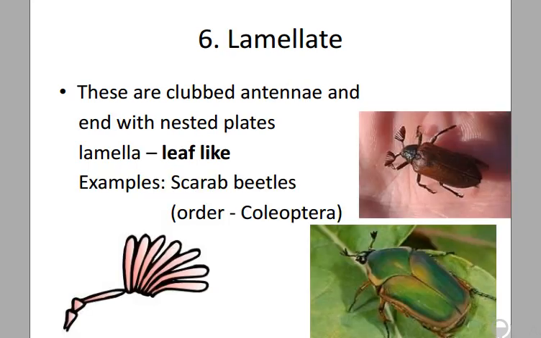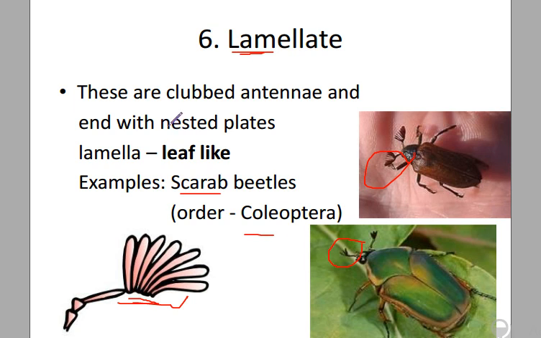Another type of insect antennae modification is the lamellate type, as lamella means leaf. The antennae at the distal end are leaf-like, as we can visualize from both these images. These are present in scarab beetles, which belong to order Coleoptera.